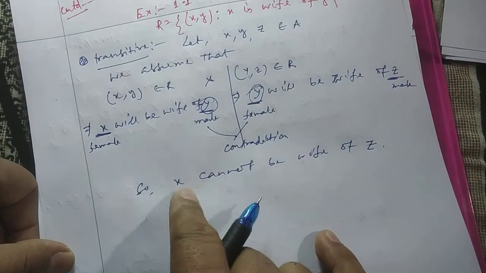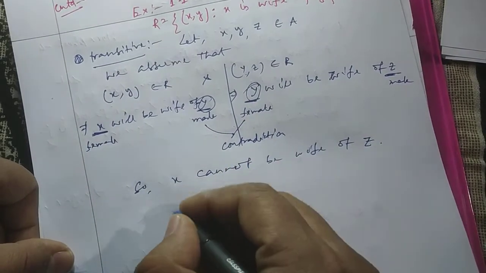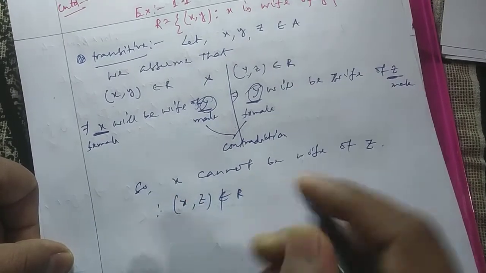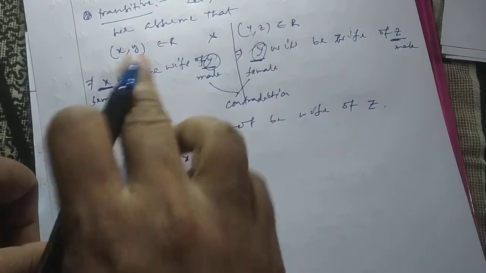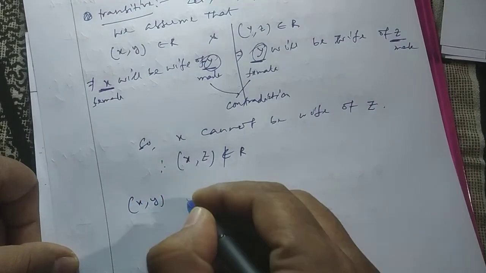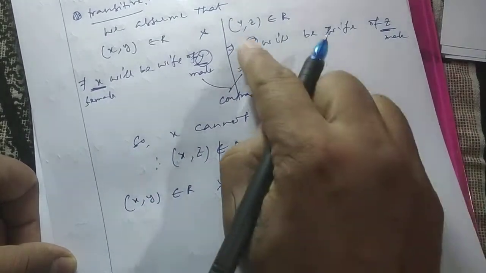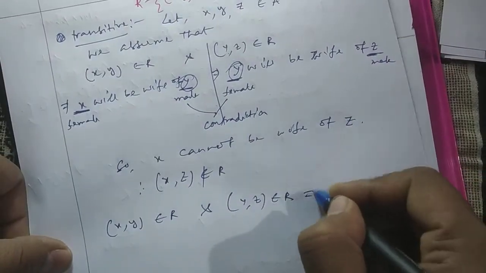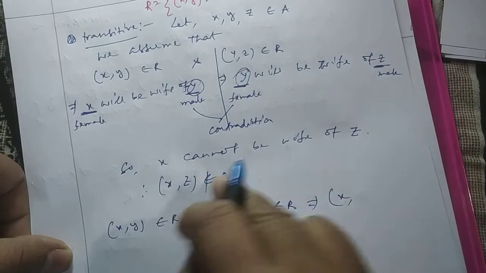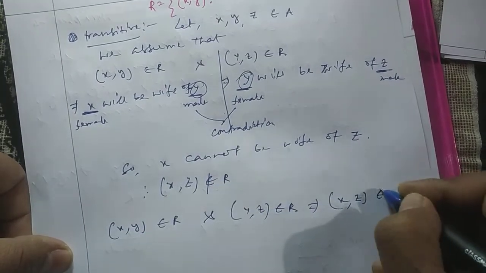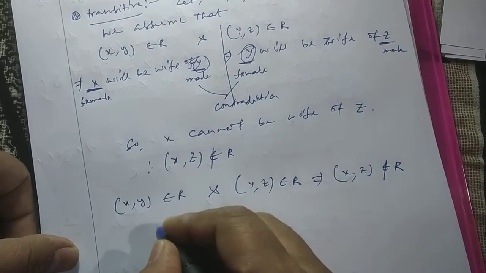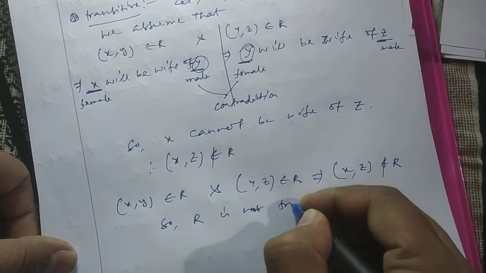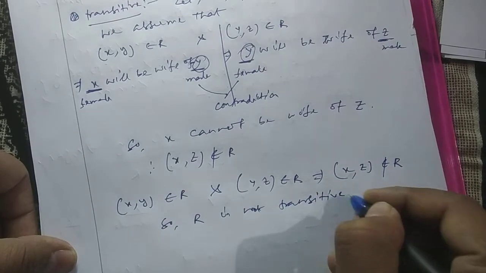So here we can say X cannot be wife of Z. That means (X, Z) does not belong to R. So firstly we have taken (X, Y) belongs to R as well as (Y, Z) belongs to R. But ultimately we have proved here (X, Z) does not belong to R. So we can claim here R is not transitive. Understood or not?